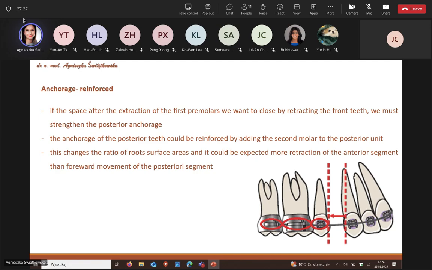So we expect only that this one goes backward. In fact, in this kind of anchorage we can unfortunately expect movement of the buccal teeth. So it's not a very good kind of anchorage. It's not maximum anchorage, as you see here, but a moderate anchorage.